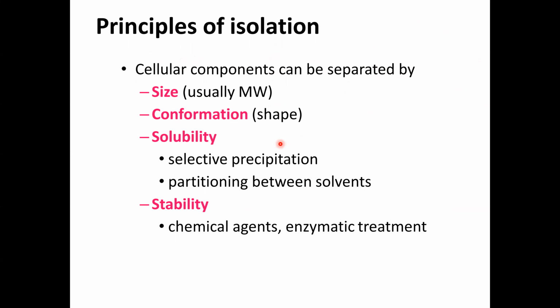Conformation is the characteristic or shape of your nucleic acid. For solubility, they check selective precipitation and also partitioning between the different solvents being used. And of course, stability, which includes enzymatic treatment and chemical agents.